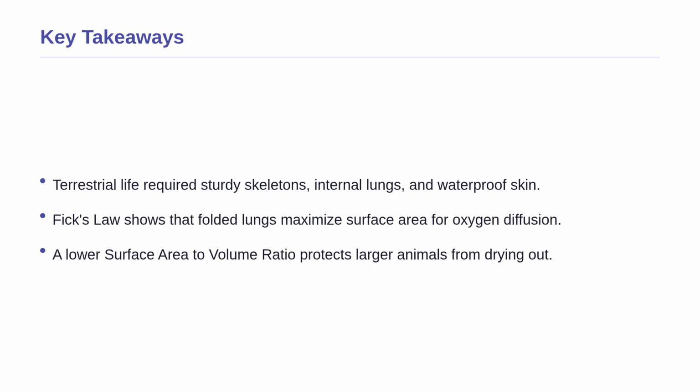We saw through Fick's law that evolving highly folded internal lungs maximized the surface area needed for efficient breathing. Finally, we proved that increasing body size lowers the surface area to volume ratio, protecting animals from fatal desiccation. You now have a profound mathematical appreciation for the incredible resilience of terrestrial life.